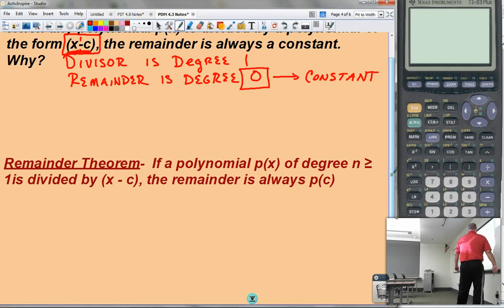The remainder theorem is very powerful. What it says is, if you have any polynomial of degree n greater than or equal to 1, which pretty much is going to be anything that we're dealing with, if it's divided by x minus c, the remainder is always just going to be p of c.